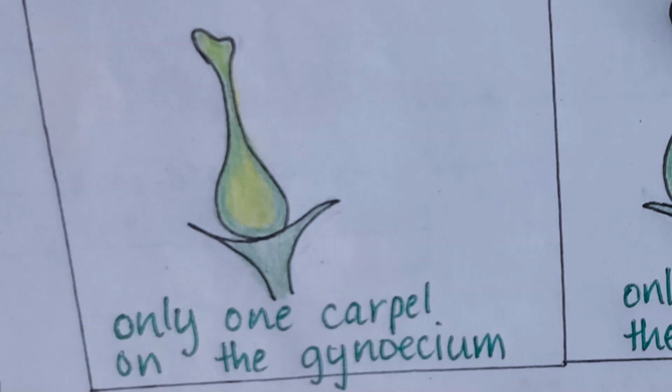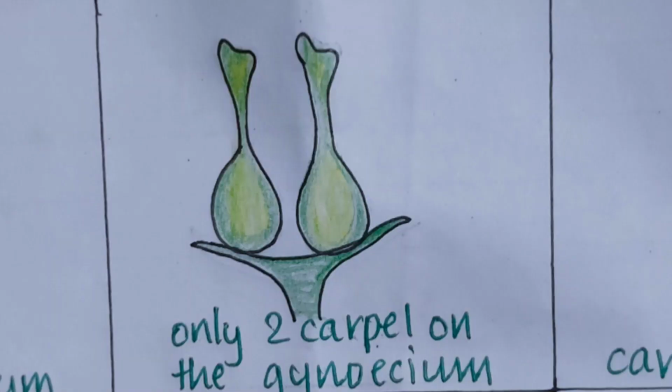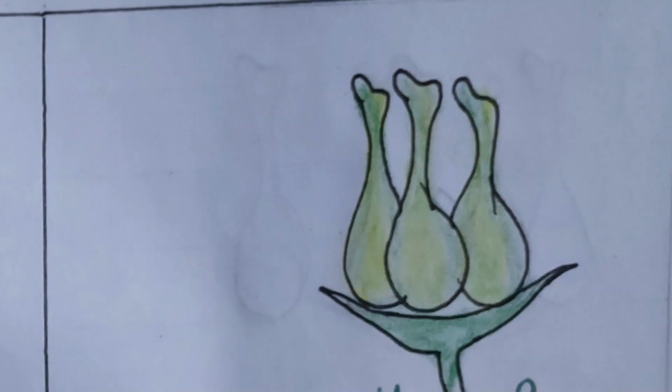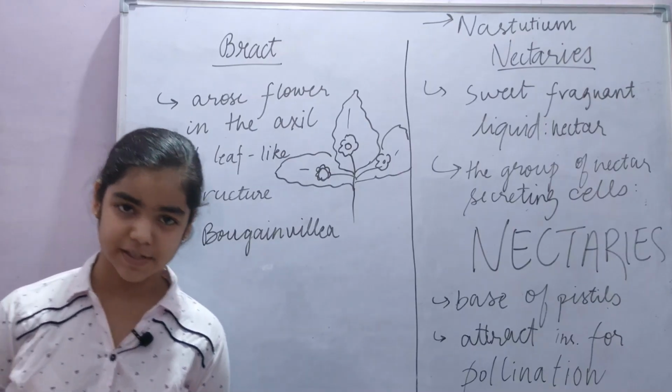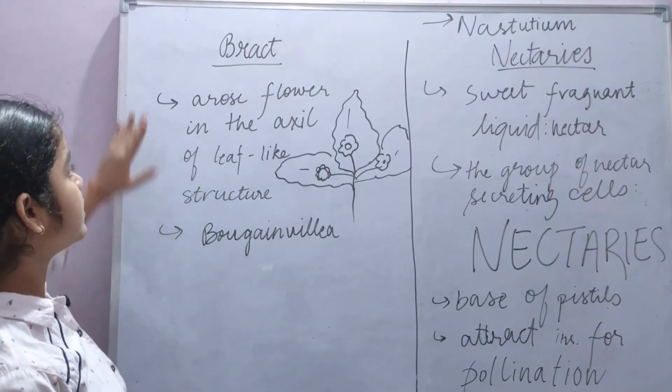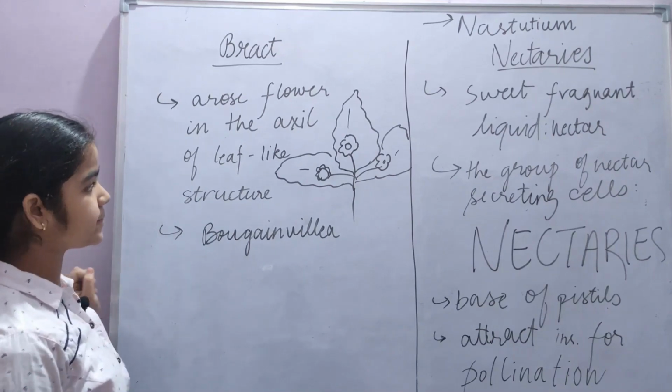The first condition, when the carpels are united in only one group, is called monocarpellary. When the carpels are united in 2 groups, it is called bicarpellary. In the last condition, more than 2 carpels are united in one group. These are the different conditions actually. So what happens in bract?